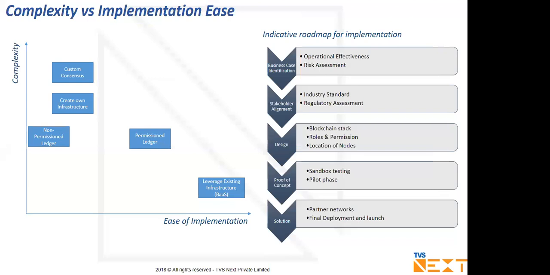And creating your own infrastructure and custom consensus can be huge. Custom consensus, with very low ease of implementation and high complexity, is because of understanding your business use case, trying to customize a consensus to meet your demand, and writing the algorithm is a challenge.